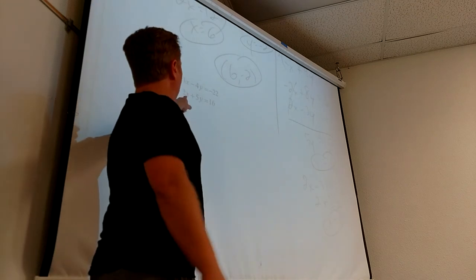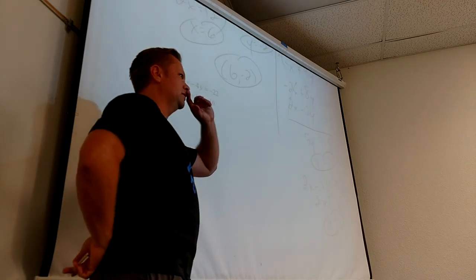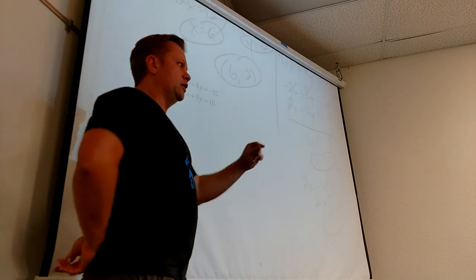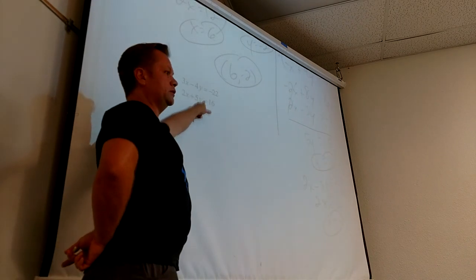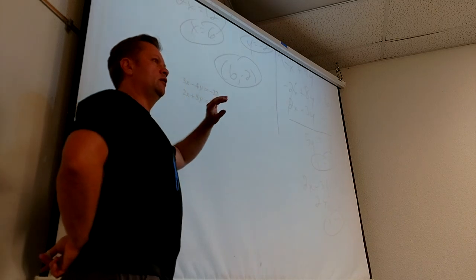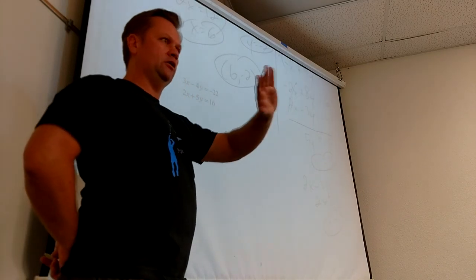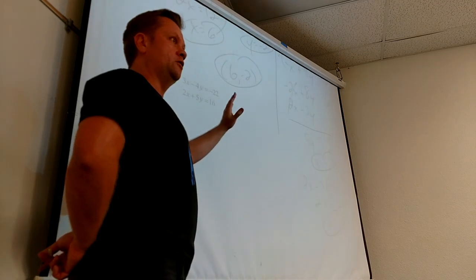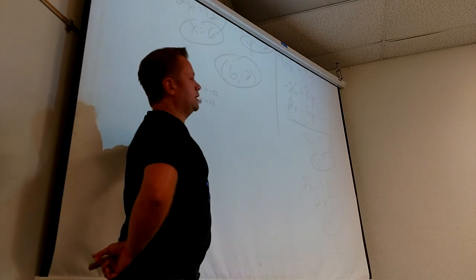If you want to get rid of the x, there's a slight problem. One of them has to be negative, so the terms actually cancel. So the y might even be a better choice because they're already opposite signs. When you start doing stuff with negatives, that introduces a whole new area of places you can make mistakes. So normally I say, okay, which ones are already opposite signs? Let me work with that one.